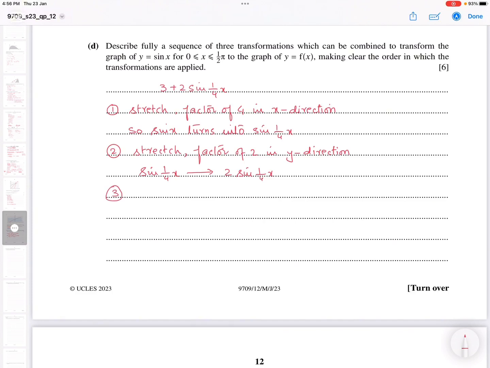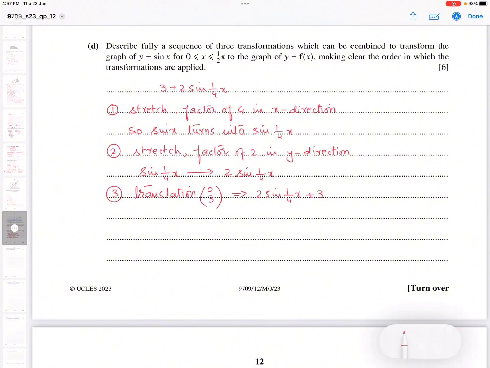Lastly, it's a translation where x is 0 and y is 3, which makes the whole equation 2 sine of 1 over 4x plus 3.